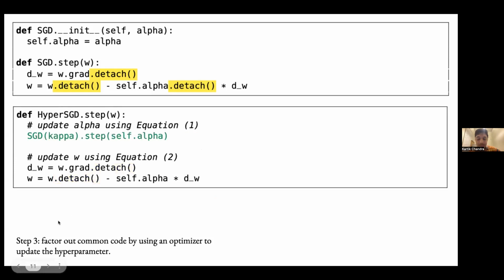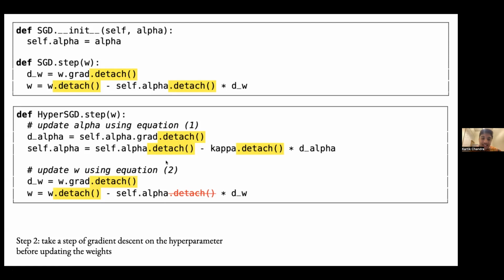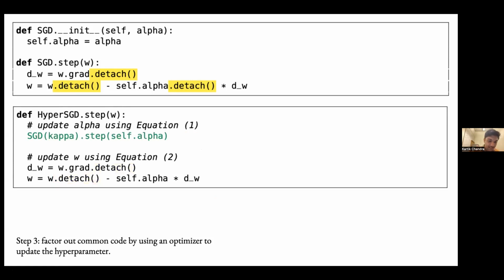Well, you abstract. You just recursively use a regular SGD to update alpha, because that's all those lines were doing. These lines are exactly the same as what a standard SGD does. So we just abstract that out. Okay, y'all with me?